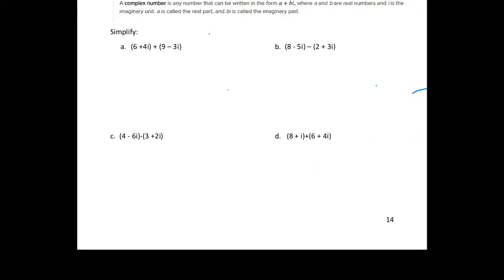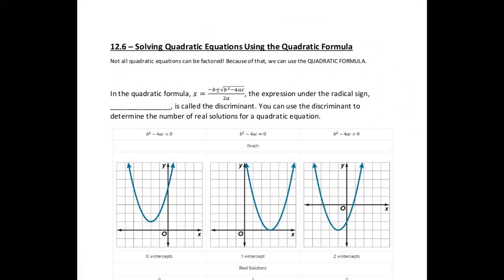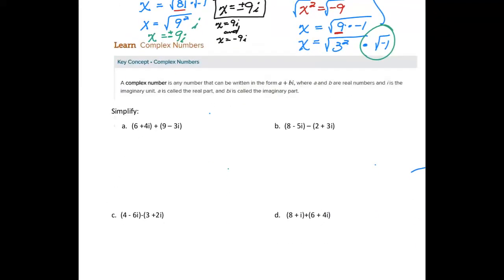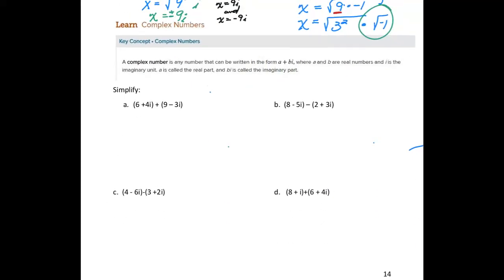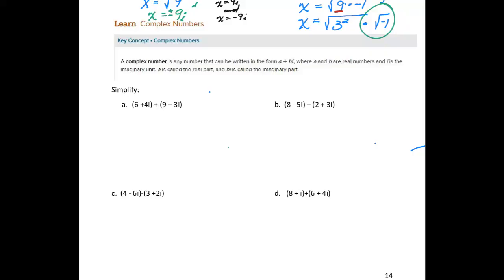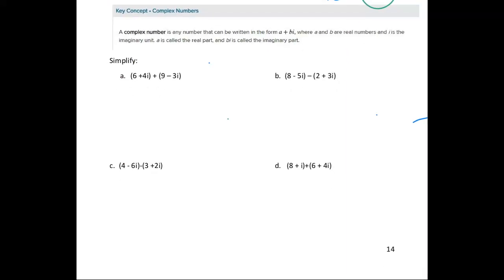This should be, I think, not too bad. These are called complex numbers, and they involve adding and subtracting numbers when you have a real term with imaginary terms, okay?